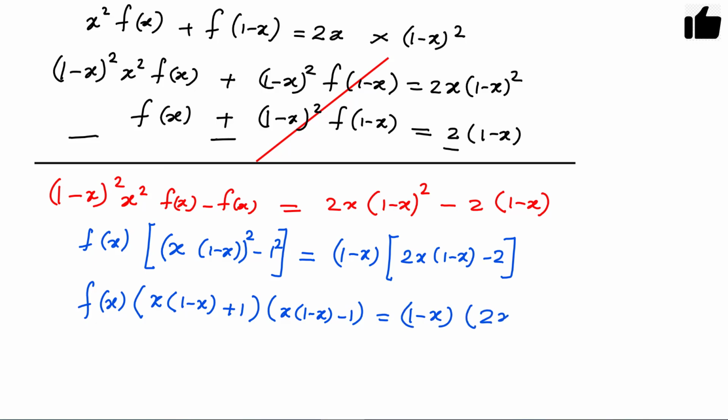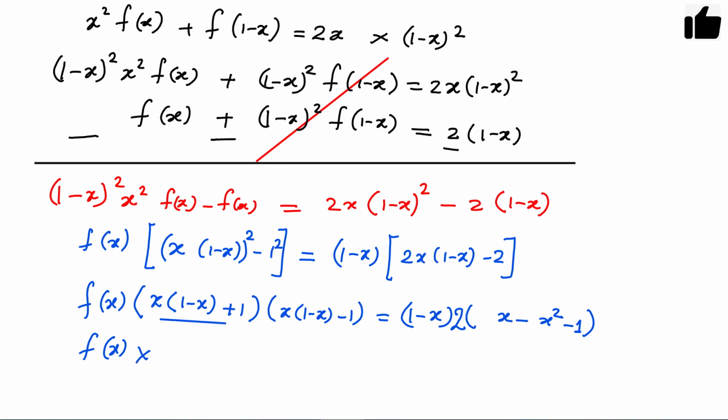So we will have 2x minus 2x square minus 2. In fact, I can take 2 common, so this 2 goes here. So I can take this 2 outside. So from here you can rewrite f(x) is equal to 2 times this.